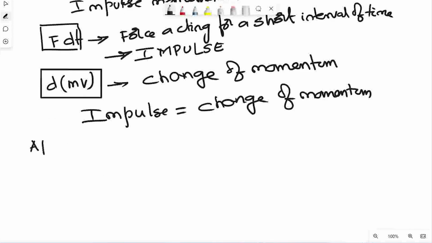Where do we apply this impulse momentum principle or equation?